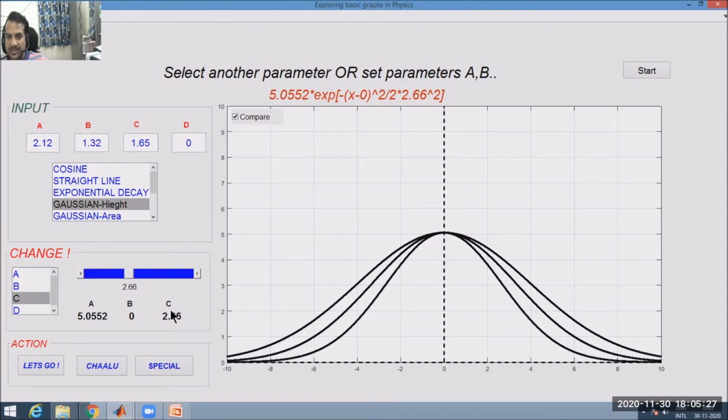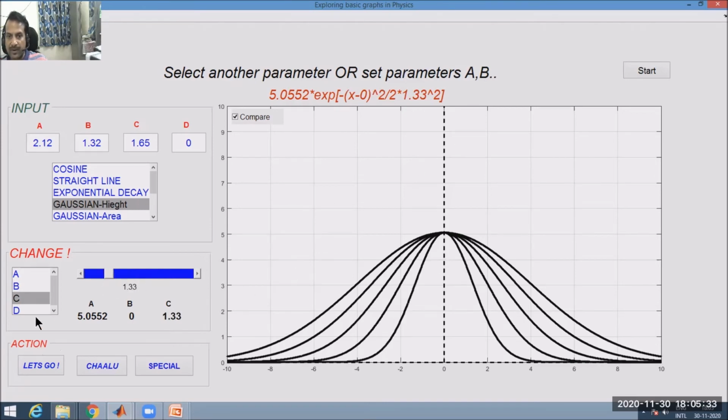This is 2.6, this is 1.9, 1.33, 0.65. So the parameter C is deciding how wide the graph will be. As the parameter C increases, the width increases, and as the parameter C decreases, the width decreases.